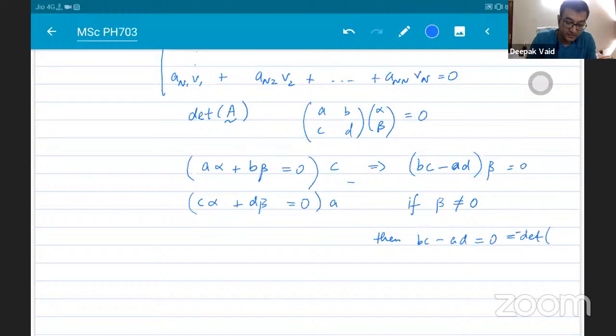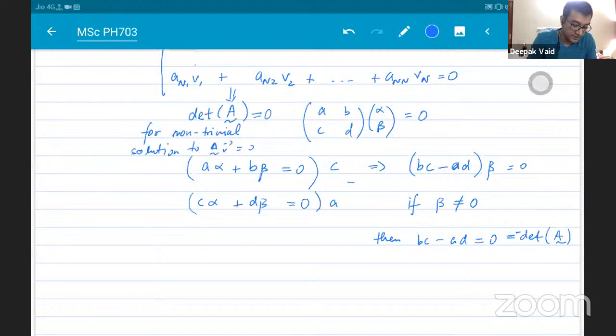It's the negative of the determinant, but it doesn't really matter. So when you do all this procedure, you find that the determinant of A has to be 0 for a non-trivial solution to this expression, AV is equal to 0.